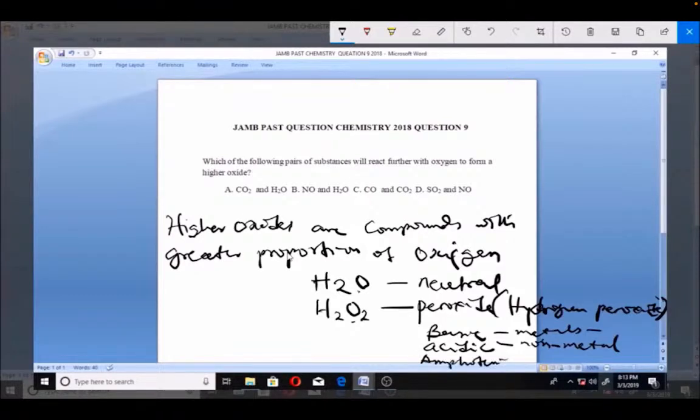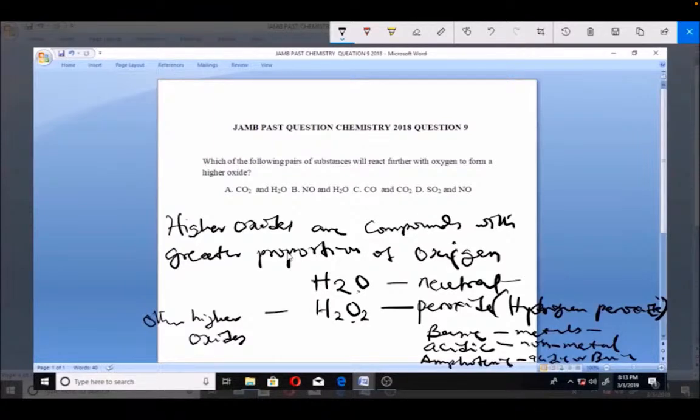You need to know about these as well. Amphoteric oxides can behave as acidic oxide or basic oxide. Whereas neutral oxide is like H2O, but we also have hydrogen peroxides and other higher oxides. So you need to take note of all these types of oxides.